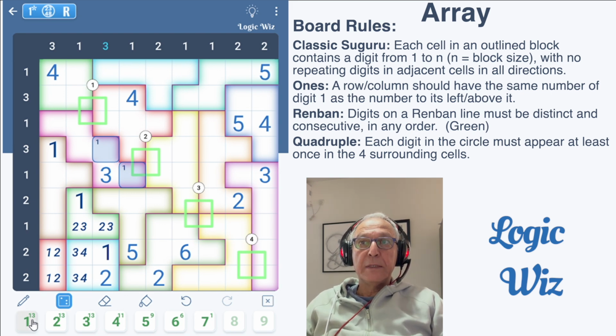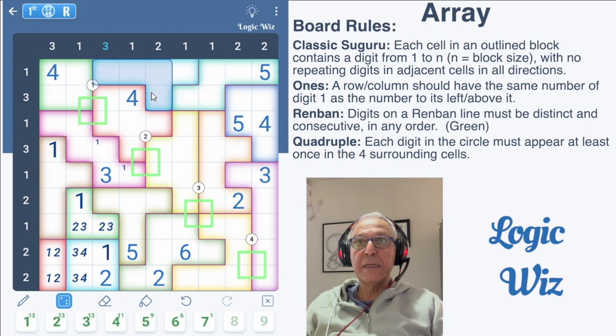What else do we have here? Okay, in this block, 4 cannot be in any of these 4 cells. 4 goes here. Okay, here we have a block in the size of 7.